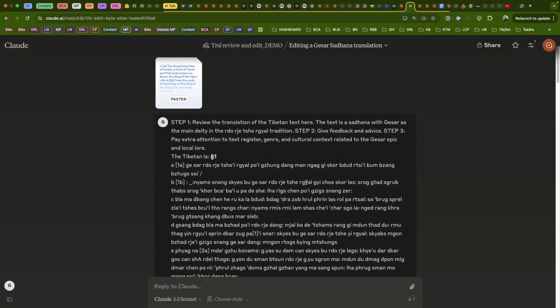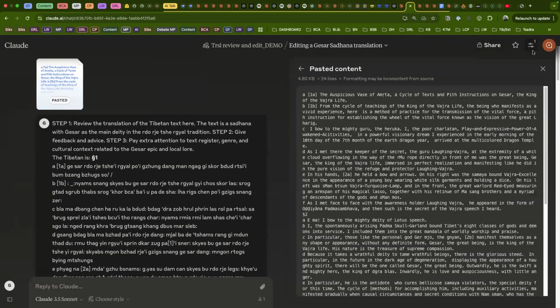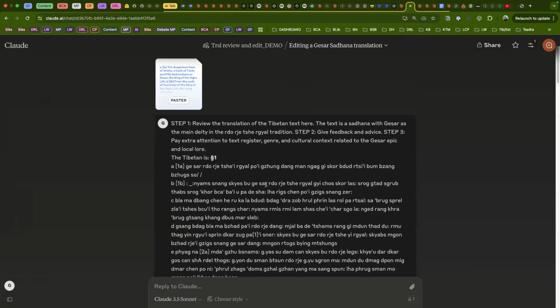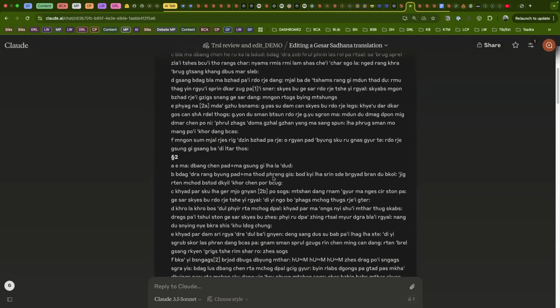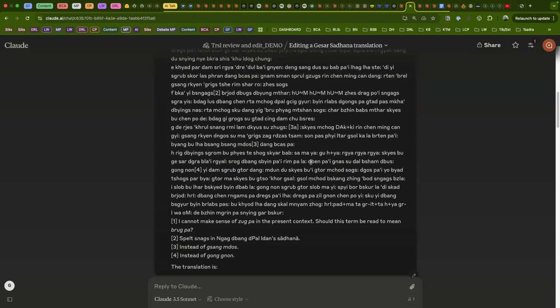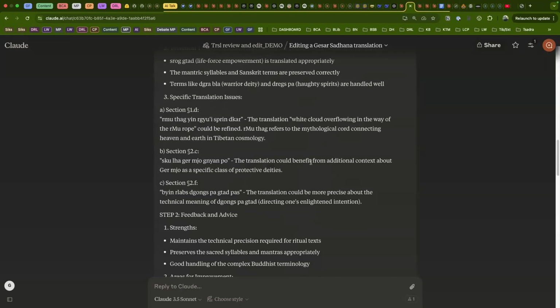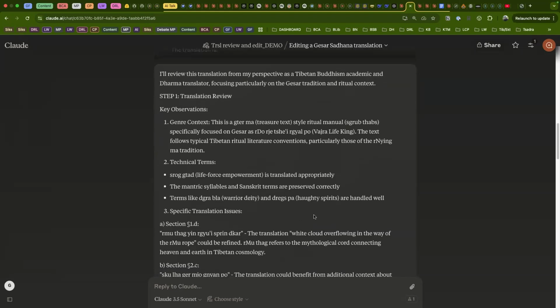On the most basic level, you have your translation. That was a draft of translation I did on that text. You want the model to have a quick look at it and suggest edits and reviews. That's really interesting, because with Claude, you get a very extensive, very detailed review.